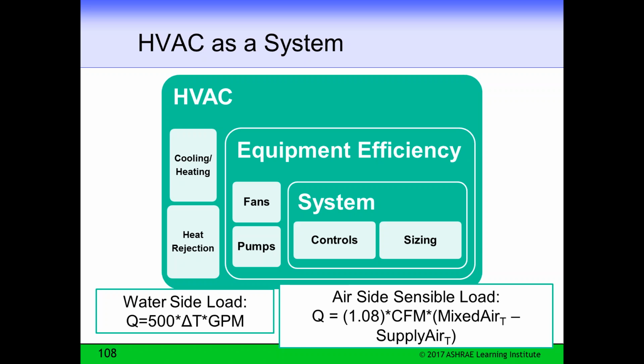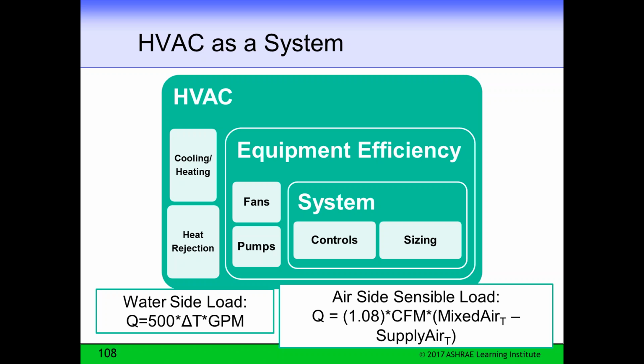So if you're running through a chiller and it's going to cool water from 55 degrees to 45 degrees, that's a 10-degree delta T, and then you multiply the GPM that go through it times that delta T times 500, and that's the total air conditioning load that water can handle.